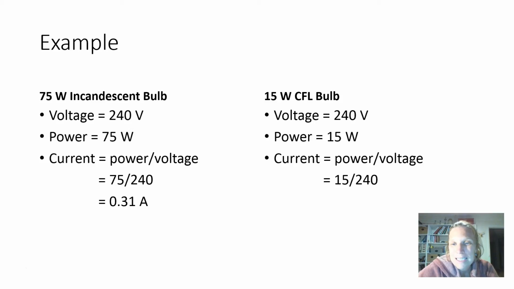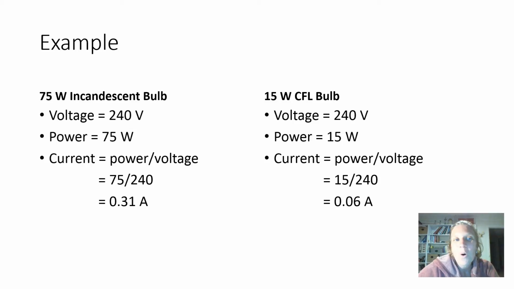That means 15 divided by 240, or 0.06 amps. So notice how much smaller the current is in that 15-watt compact fluorescent bulb. So with a much, much smaller current, we can still make a light bulb bright enough that it's a nice desk lamp kind of intensity to work under.